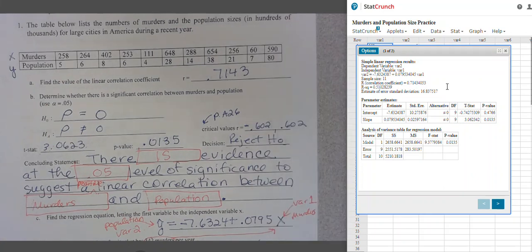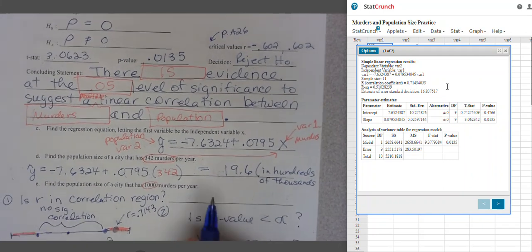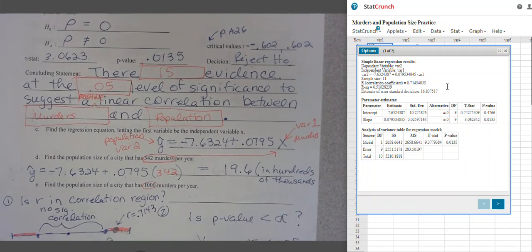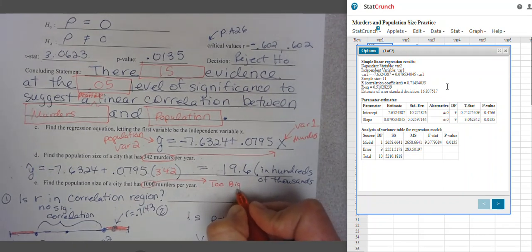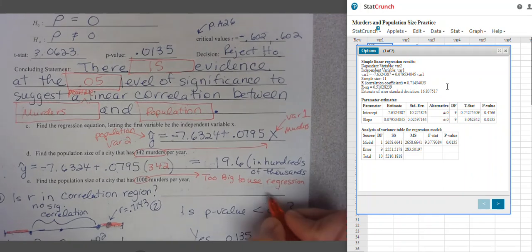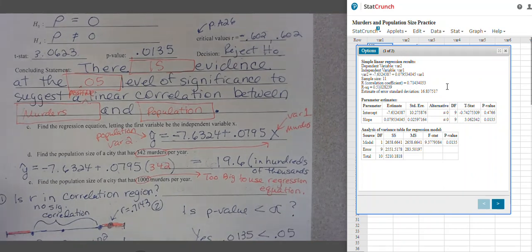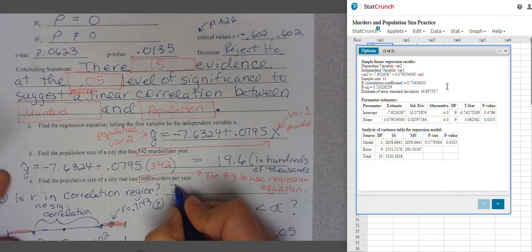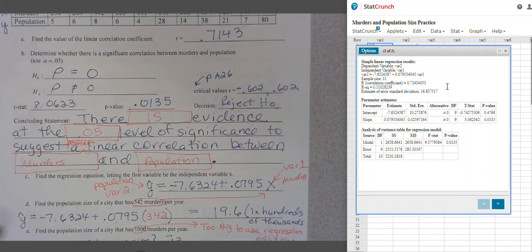I'll make a little note here that this is too big to use the regression equation. So we find the mean instead, called y bar, just like x bar was the sample mean. It's just the average of all our y values.